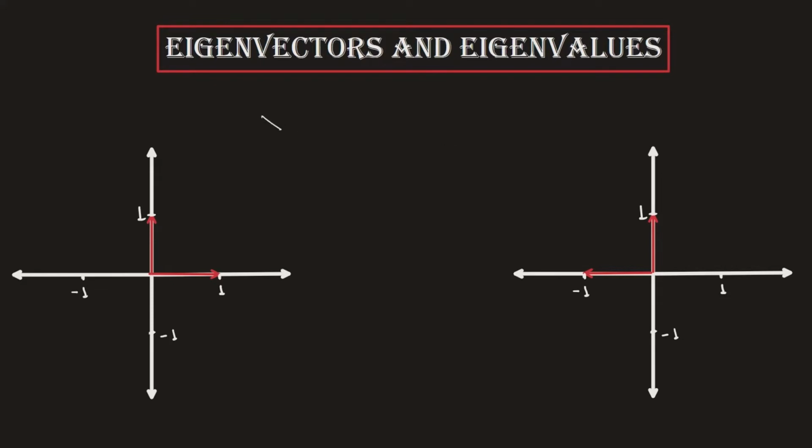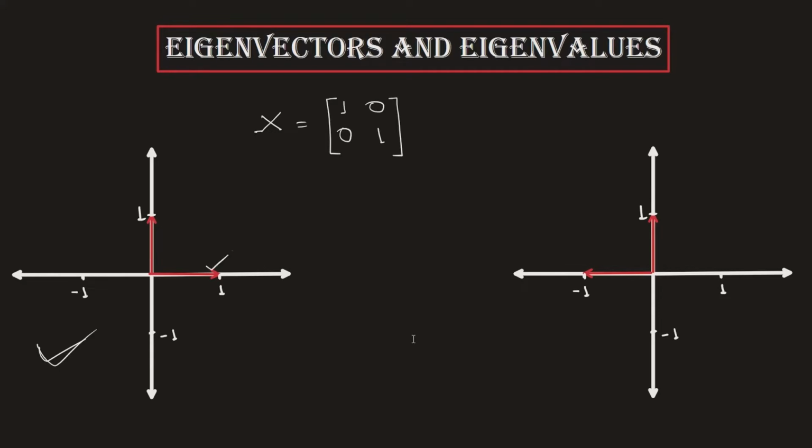So let's take an example of a matrix X which is made up of two vectors, to be precise basis vectors, and we want to transform these vectors in such a way that we find their eigenvectors. As you can see on the diagram on the left hand side, I have plotted this matrix which has two vectors.